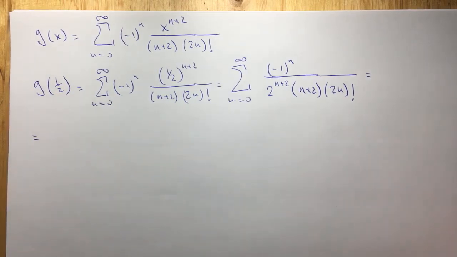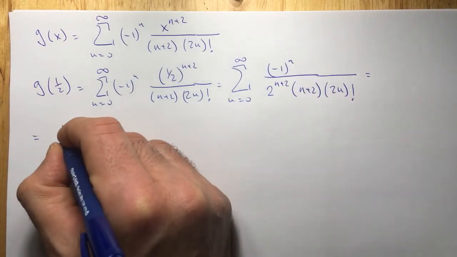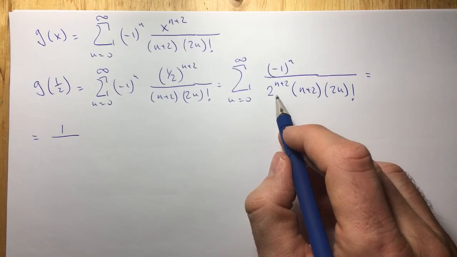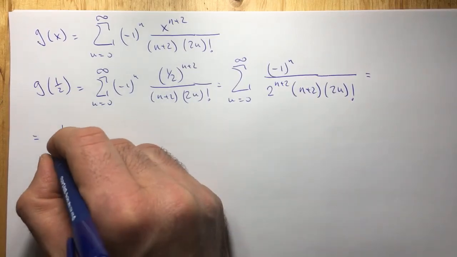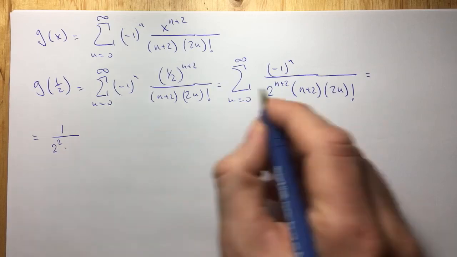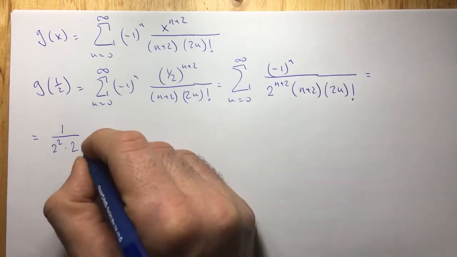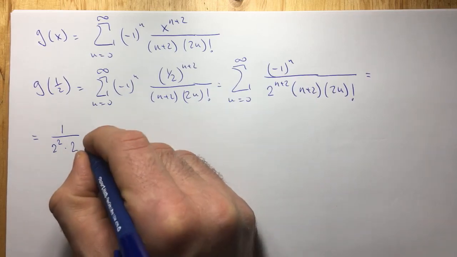So let's list a few terms here. When n is 0, the numerator is 1, so 1 over 2 to the power of 2, because 0 plus 2 is 2, times 0 factorial, and 0 factorial is 1.